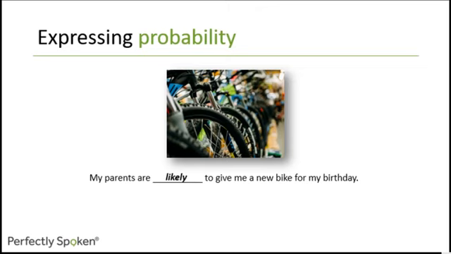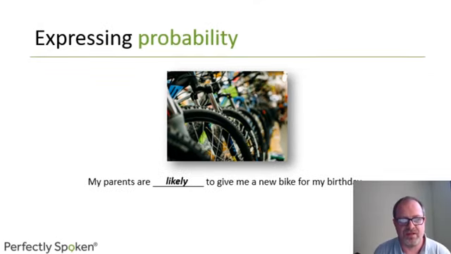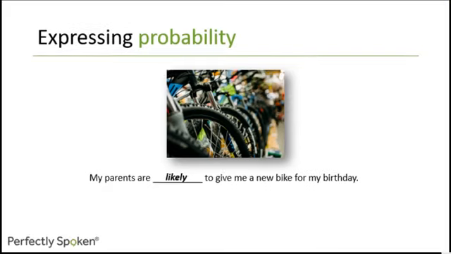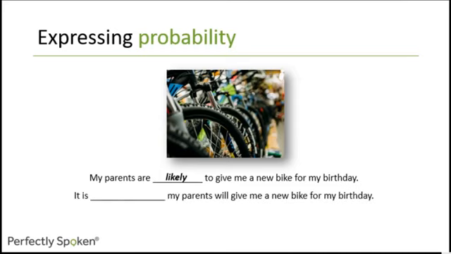So likely to give me a new bike for my birthday. You could also say are unlikely to give me a bike if they don't want to spend any money. Whatever, or they're going to give you something else. Unlikely is also possible. But we're sticking with positive here.